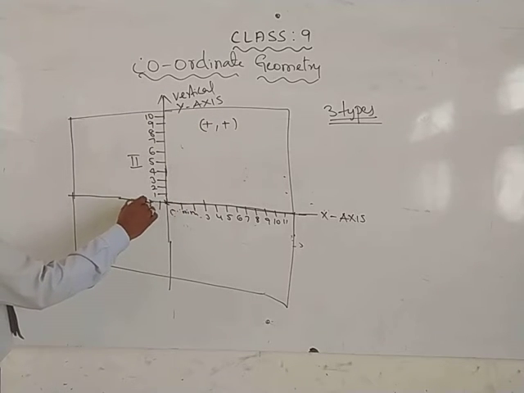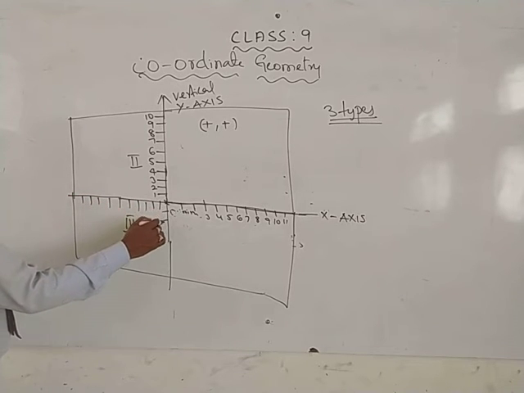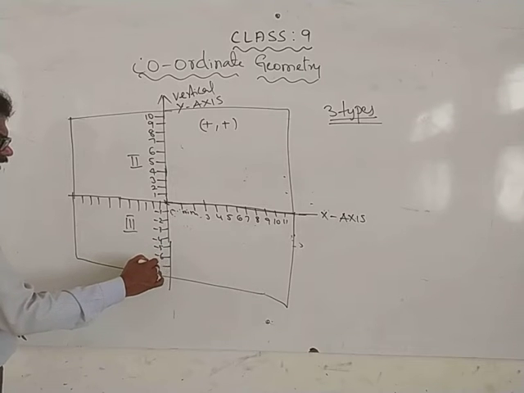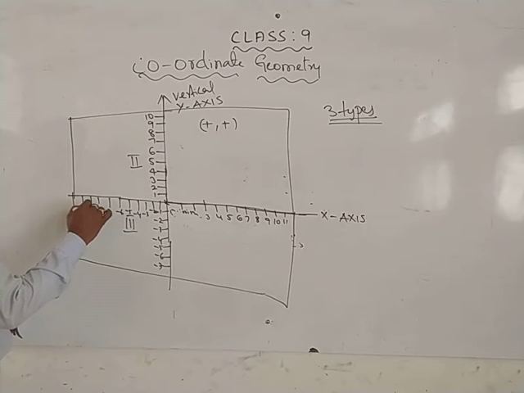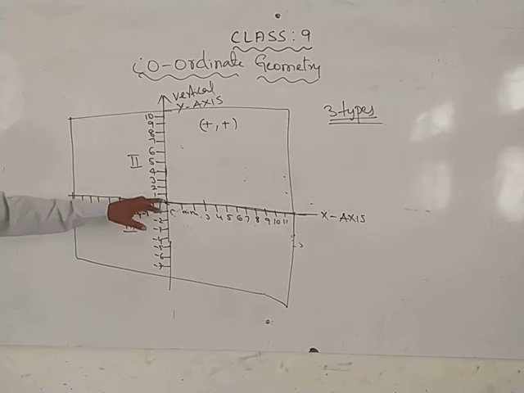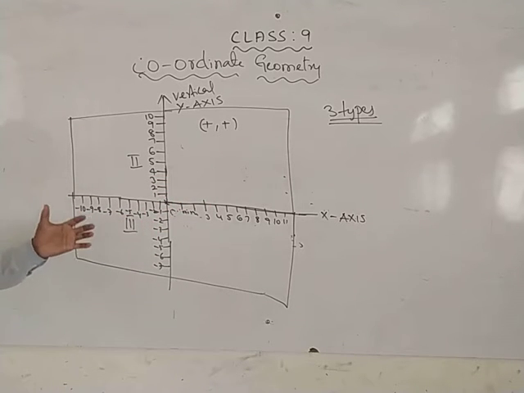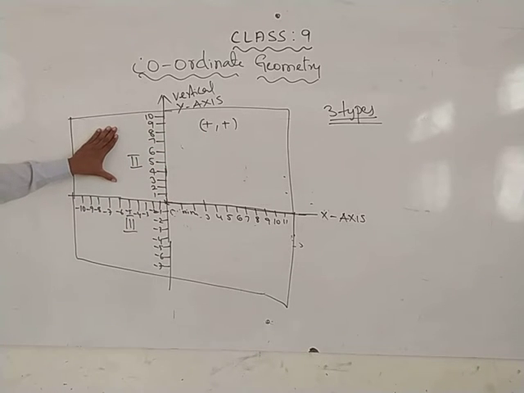Like a number line, the left side will all be minus and the down side will all be minus: minus 1, minus 2, minus 3, and so on. Above and right side are all positive; below and left side are all negative. First quadrant: both are positive.